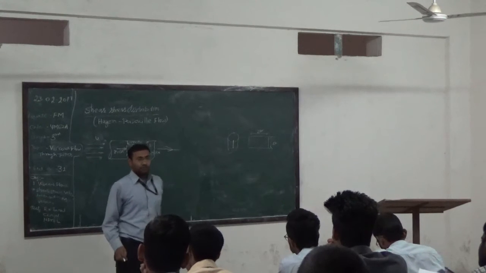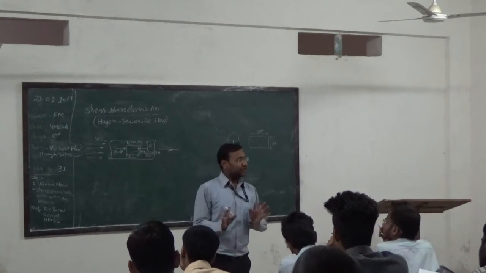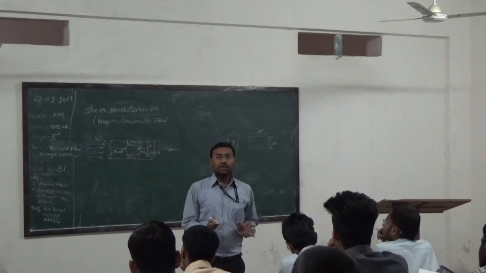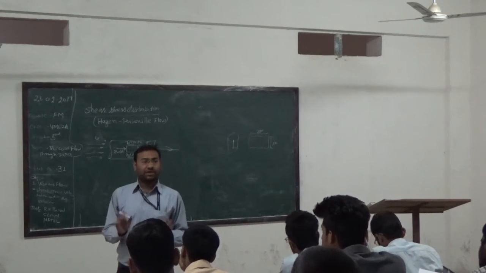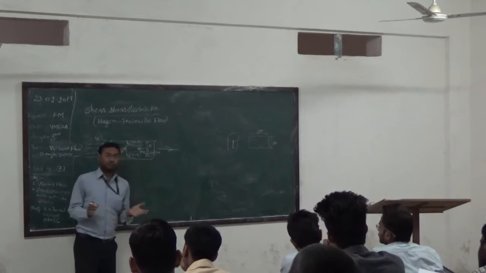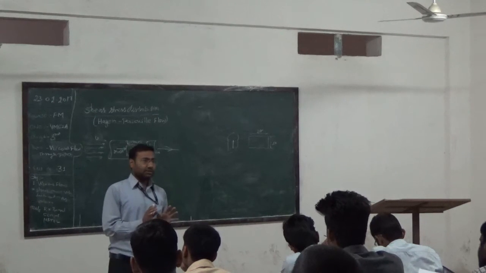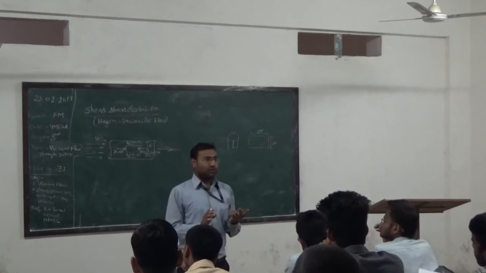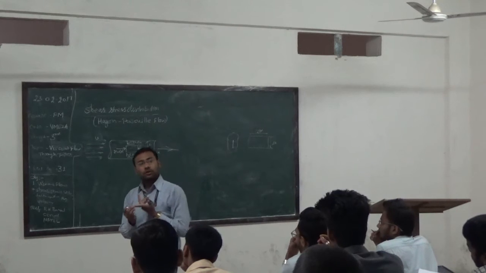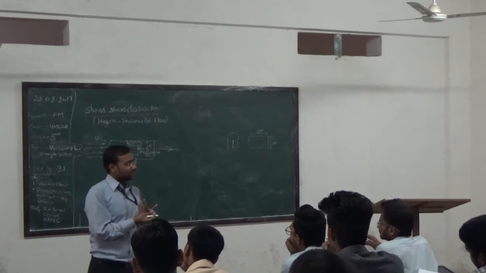Now if I assume the flow is uniform and steady, then this acceleration will be 0. In fluid kinematics we have covered this. Acceleration has two components, convective acceleration and local acceleration. If the flow is steady, then the local acceleration is 0.